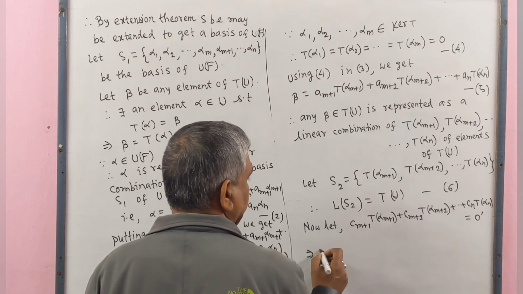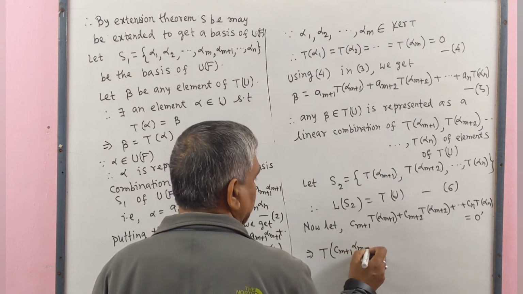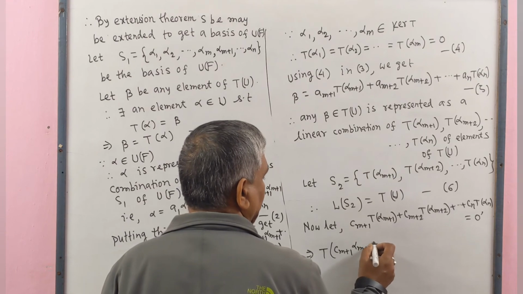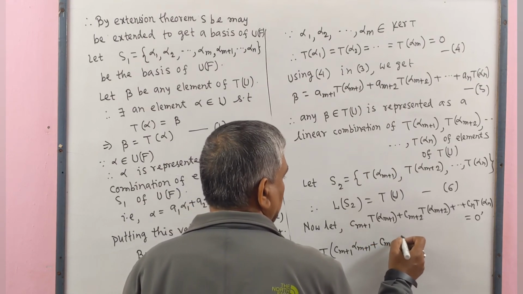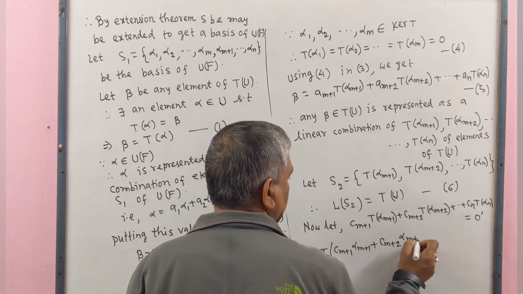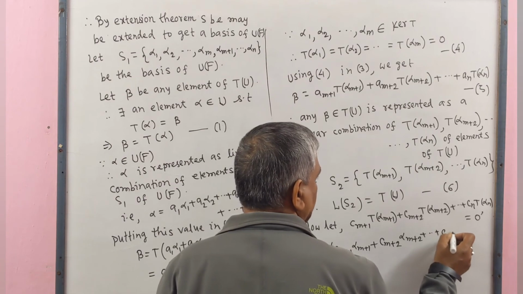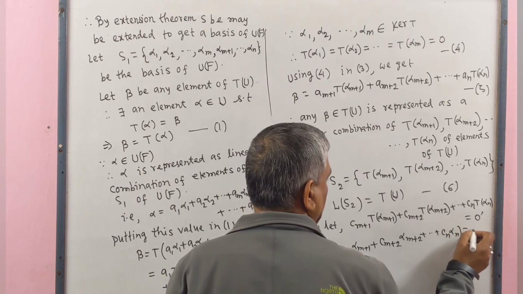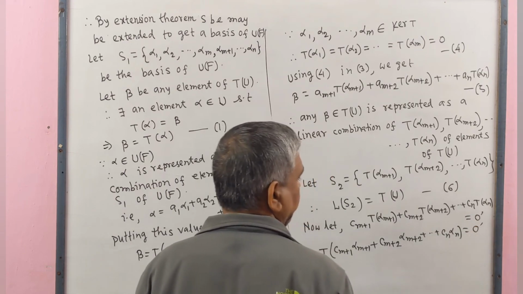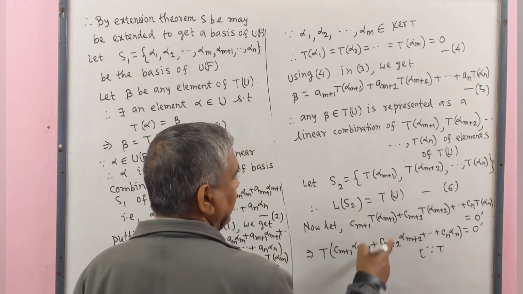This implies that T of (c(m+1) alpha (m+1) plus c(m+2) alpha (m+2) plus ... plus cn alpha n) equals 0 prime, since T is a linear transformation.